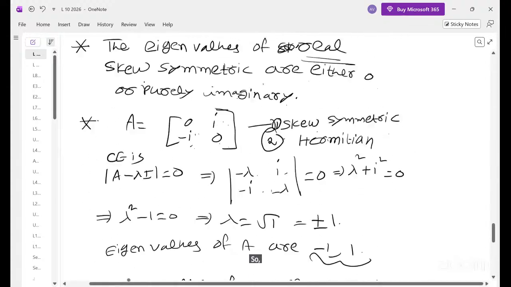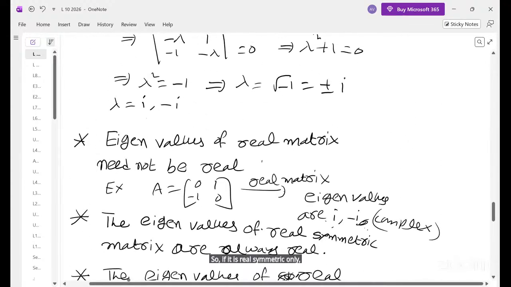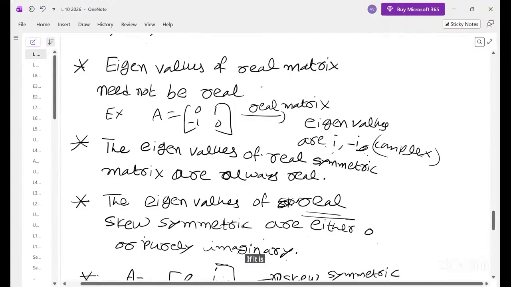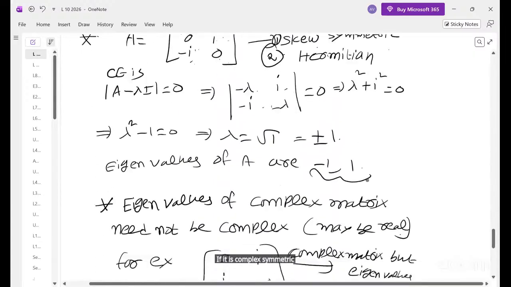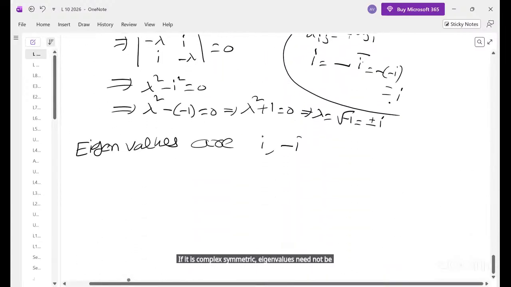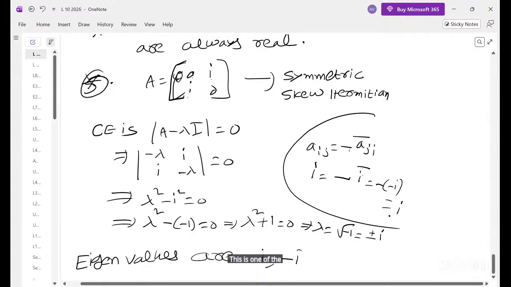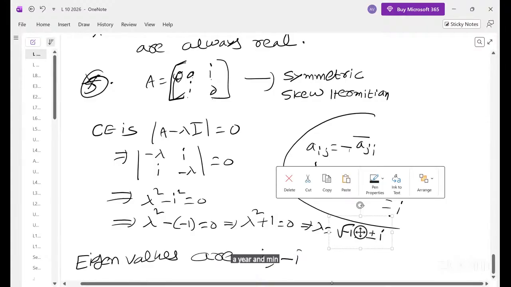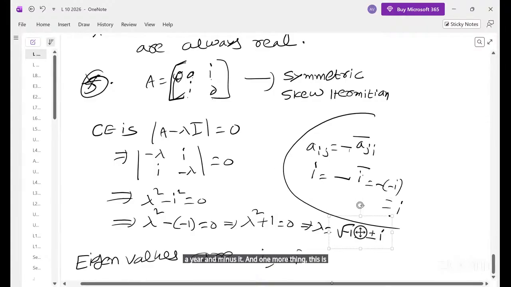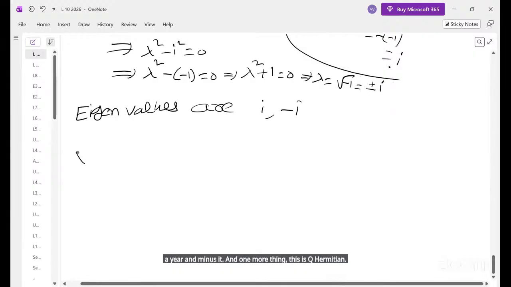If it is real symmetric only, eigenvalues will be real. If it is complex symmetric, eigenvalues need not be real. This is one of the best examples: i and minus i. And one more thing, this is skew Hermitian. So, very important.